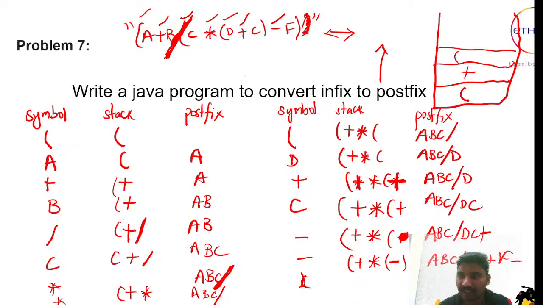Whenever this happens, what has to be done? You need to pop the element, and the popped element has to be added to the string, which is nothing but the append operation. Postfix dot append of stack dot pop. Whenever I find something in between these two, that needs to be popped and added to the append part.